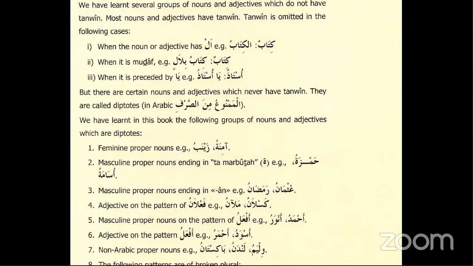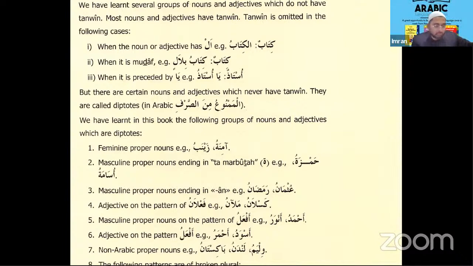Okay. So we have learned in this book the following groups of nouns and adjectives which are diptotes. Feminine proper nouns, for example, Aminatu, Zainabu. Or masculine proper nouns ending in ta marbuta, for example, Hamzatu, Usamatu.